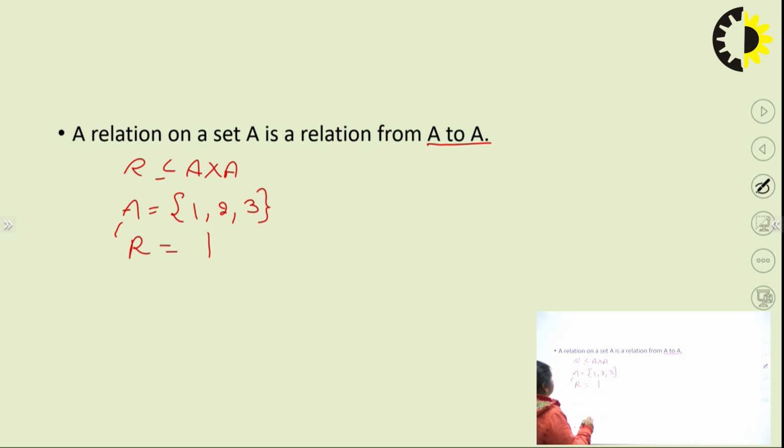So my relation will be from the elements of A to the elements of A itself. 1 divides 2 as well as 3 as well as itself.